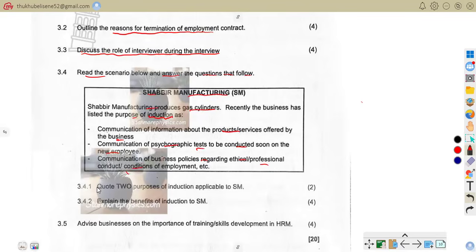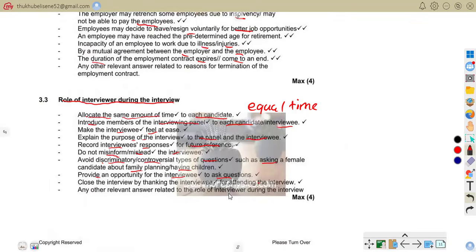Then we are to answer the question. Code two purposes of induction applicable to Shabia Manufacturing.